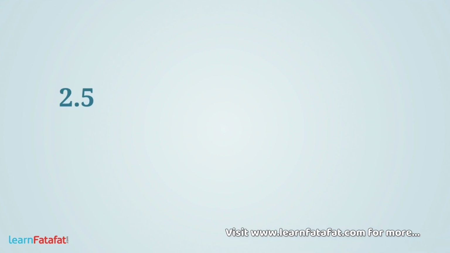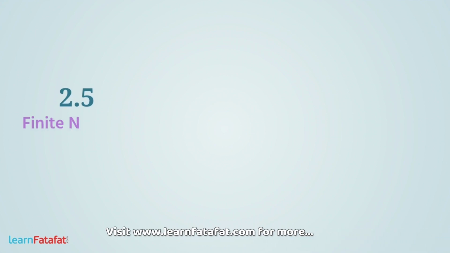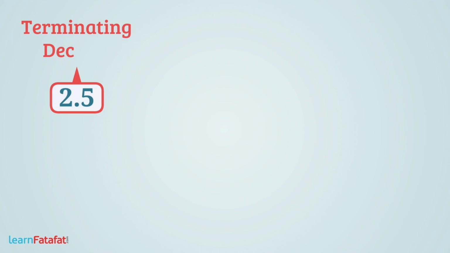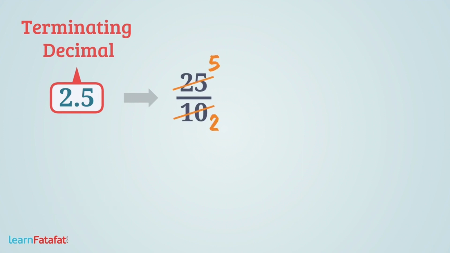Let's check if 2.5 is a rational number. 2.5 has finite non-zero numbers after the decimal point. Such a number is called a terminating decimal. We can easily express it in fraction form as 25 divided by 10. Simplifying this, we get 5 divided by 2.